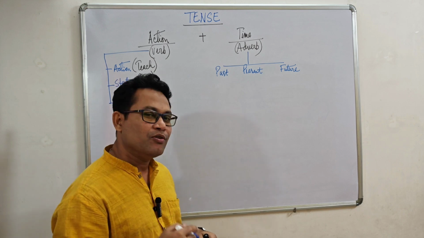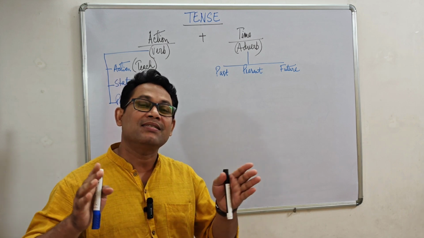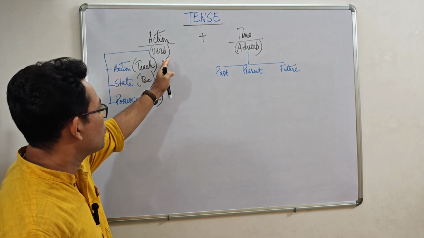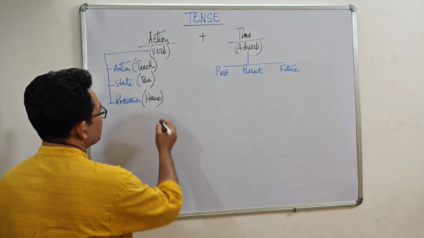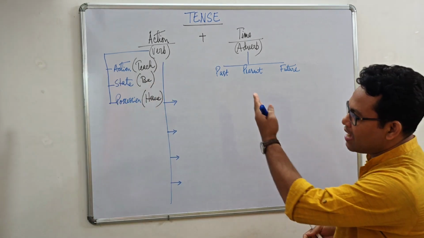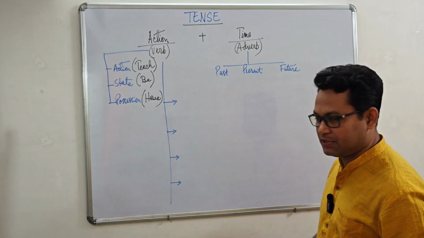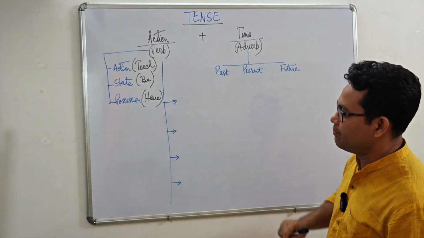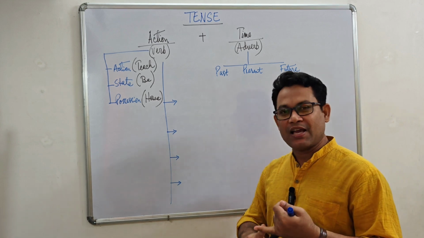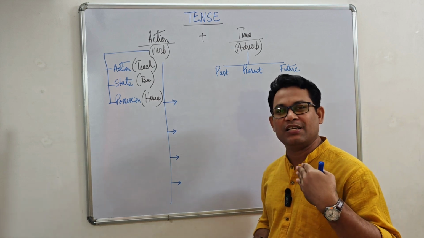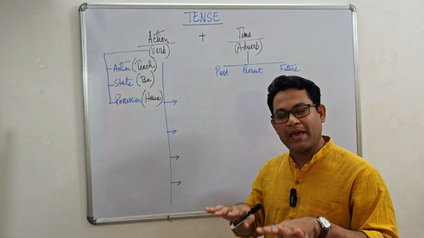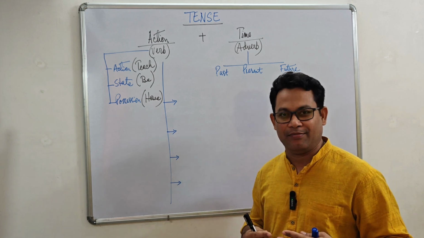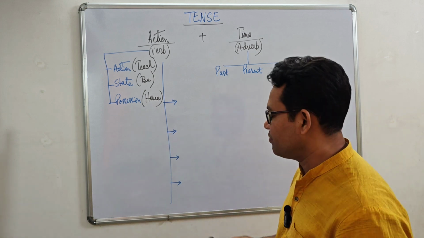Accordingly, we will get our tenses further classified or subdivided. So action can be of four types whenever it gets influenced by time. First, an action which is based on frequency of time, which is a particular specific category.